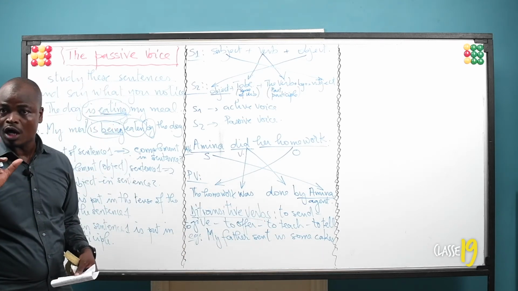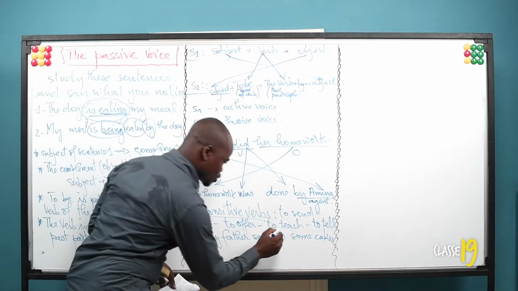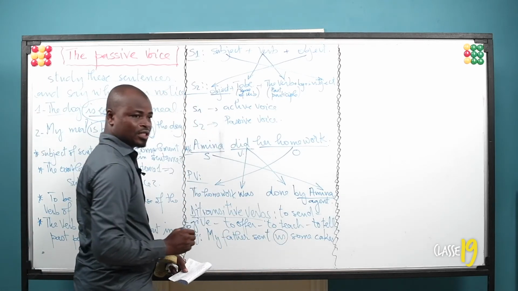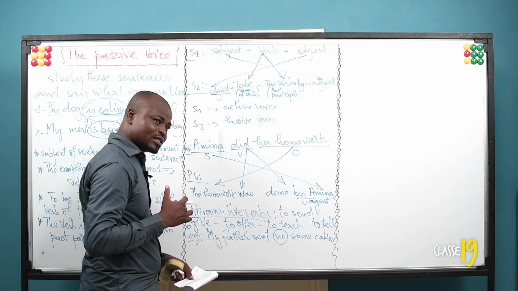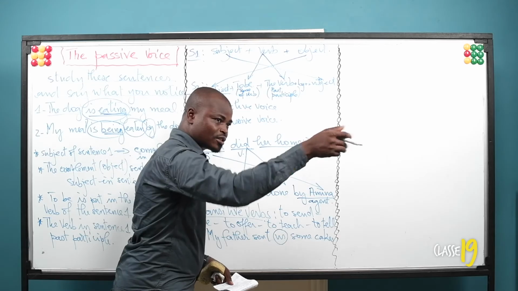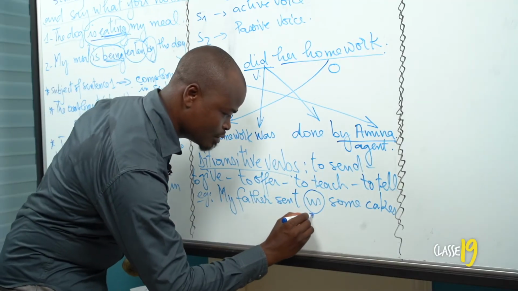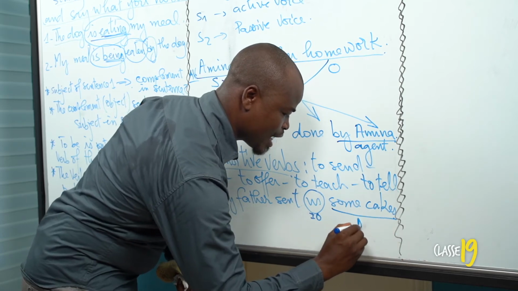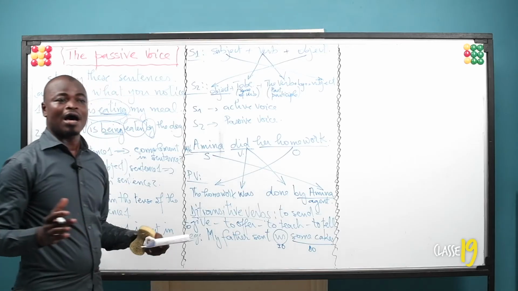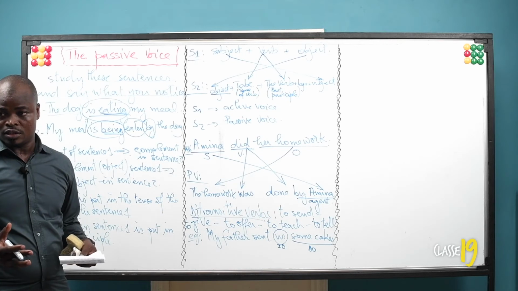We have two objects. The first one, which is the indirect object, my father sent some cakes to us. So indirect object, let me put IO, and some cakes, the direct object. So we have two possibilities.